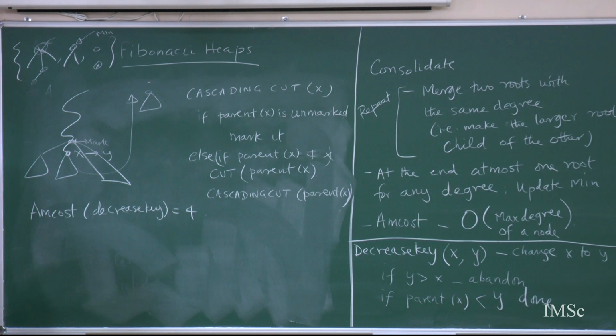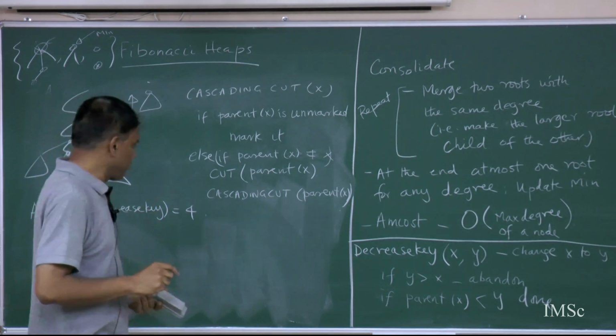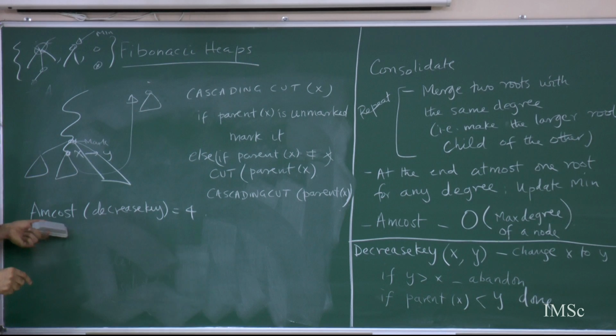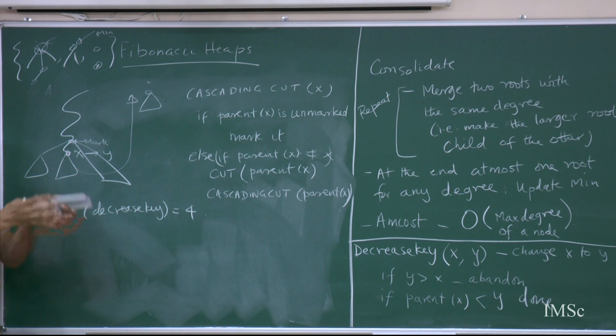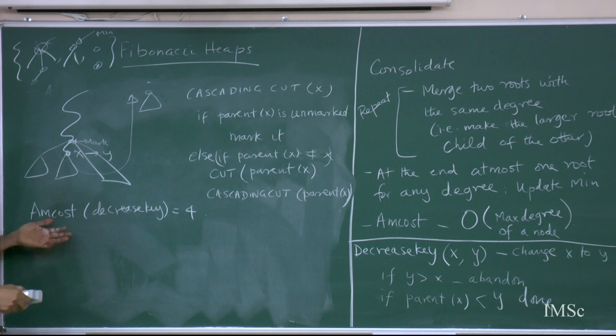So that is my one measure of 1 unit, right? The charge is really used to do this merging. Okay, so now I claim it's okay if a decrease key operation may actually require a lot of cascading all the way, but still there is enough charge on the tree to pay for them. So it's enough if I come with 4 units.